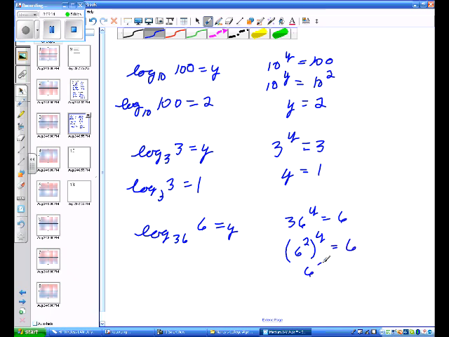So 6 to the 2y equals 6 to the first. So 2y equals 1, and y equals 1/2. It's going to be the square root of 36 equals 6, so that meant that our exponent had to be 1/2. Log base 36 of 6 equals 1/2.